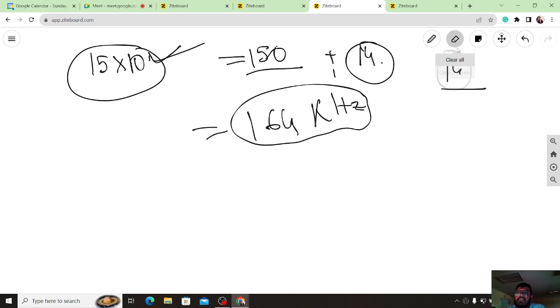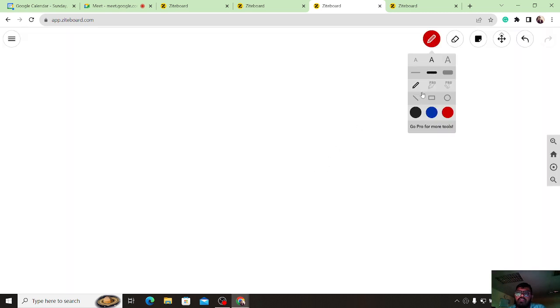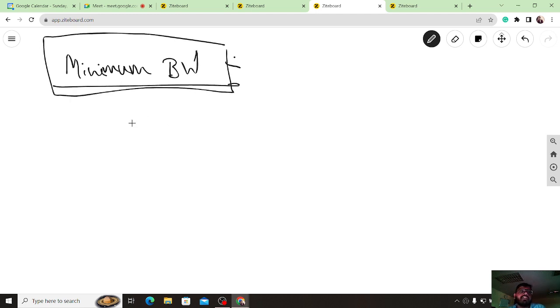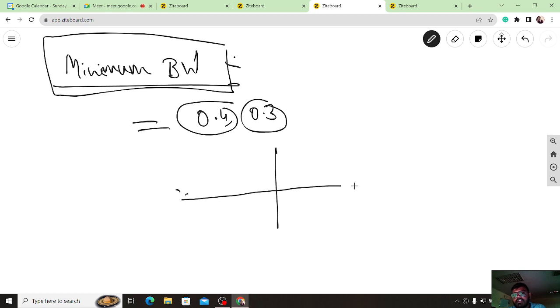Okay. So what should be the minimum bandwidth? You can think that this signal has a bandwidth from 0.3 to 0.4, right? So basically this is the signal, from 0.3 to 0.4, and minus 0.3 to minus 0.4.